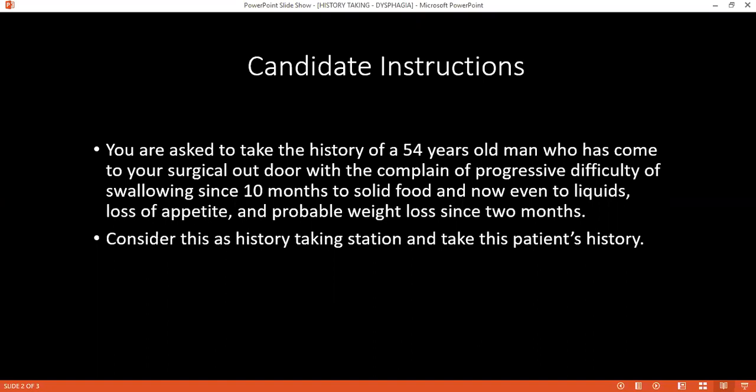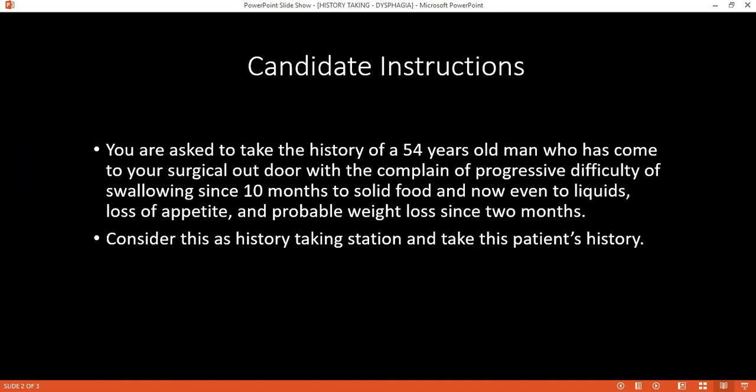It has reduced. I'm not eating properly because of this problem. Sir, have you noticed any significant weight loss, like loosening of your clothes? Yes, I have lost weight. Sir, can you tell me how much, or over what period? Approximately 5 to 6 kgs over 2 to 3 months.